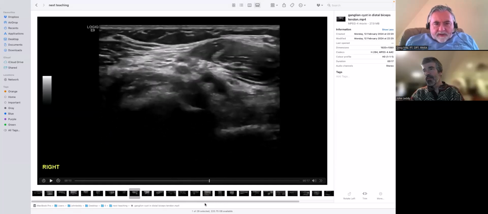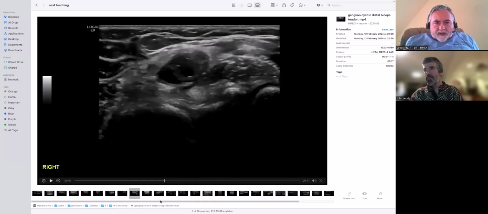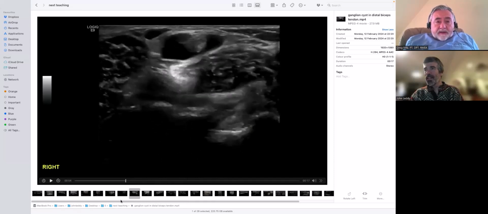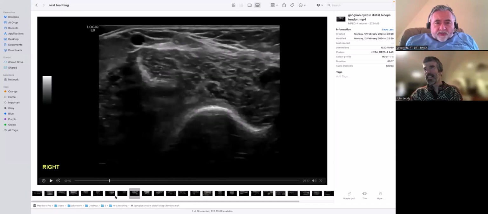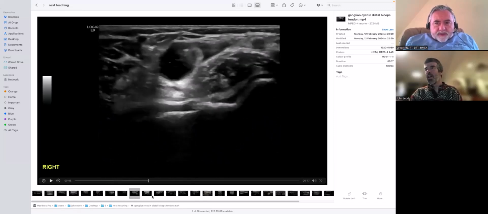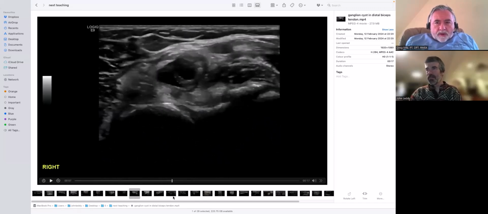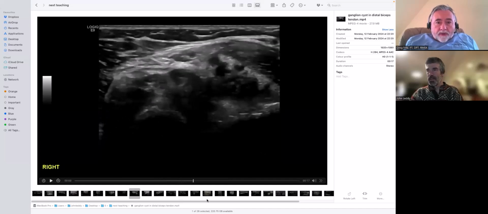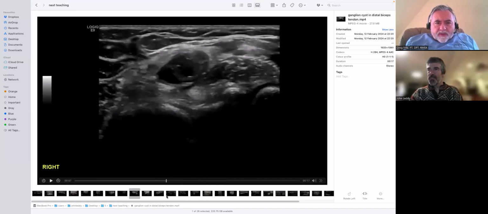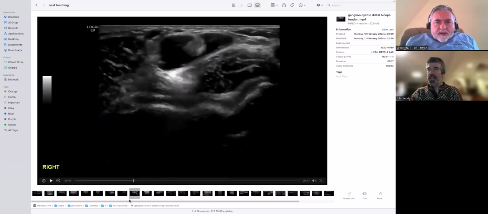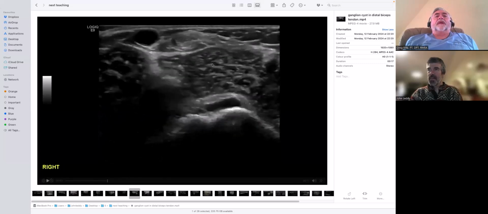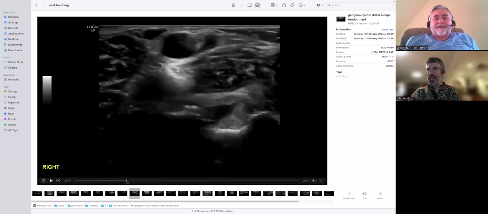Do you see what's going on there? We're at the distal elbow, and this is the distal biceps tendon. Up at the top here, it has the appearance of the long head of the biceps with the fluid around it.